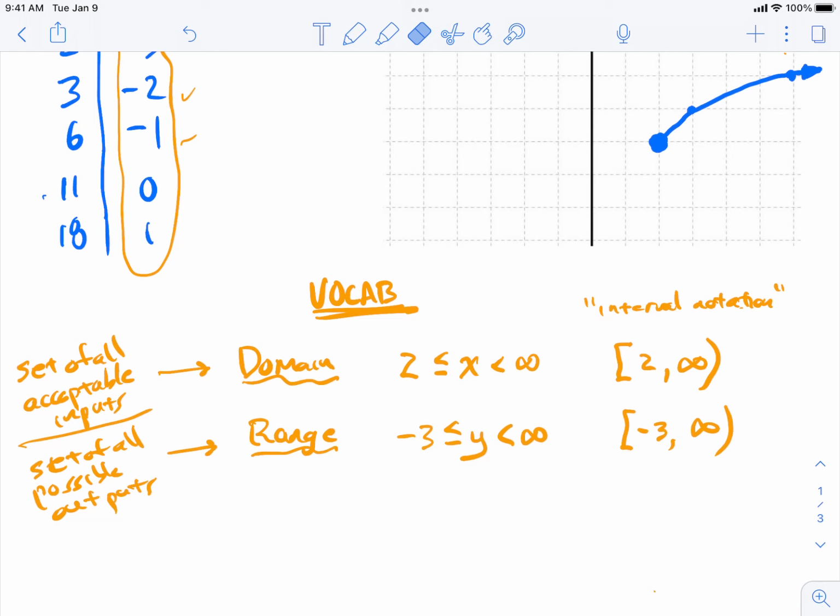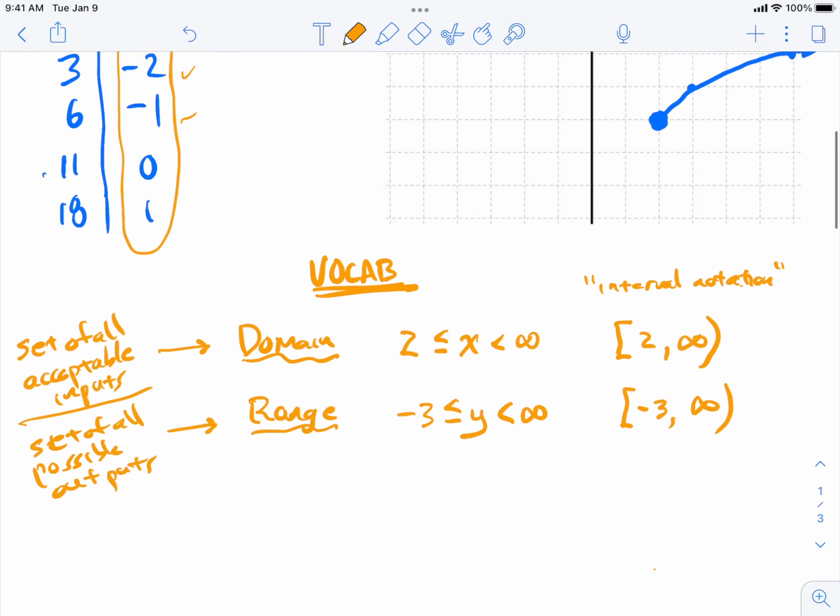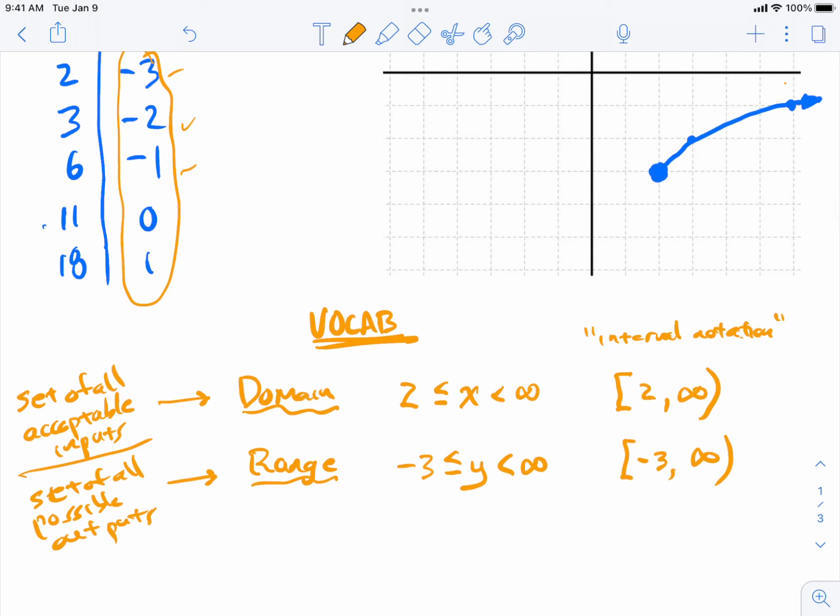Okay, so we've got our domain, we've got our range. That's 2 words. There's more words. Notice right here, the function comes down and it doesn't go any lower than that, right? We call this point a minimum. Seems like an okay word, doesn't it?